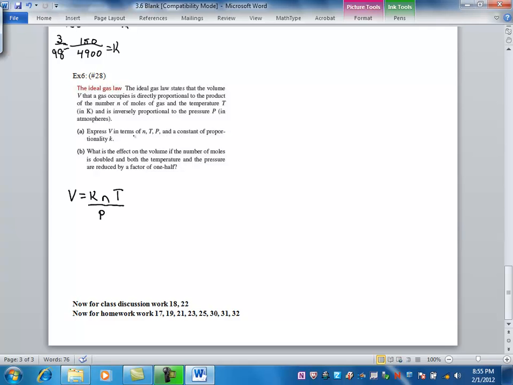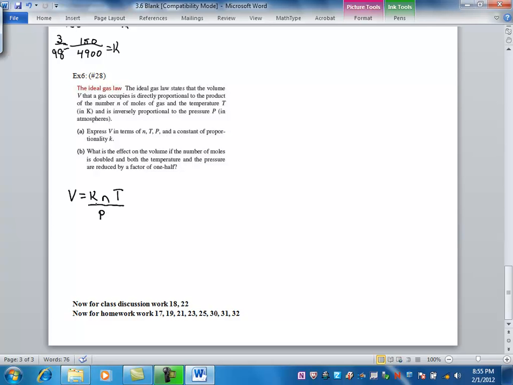A says express V in terms of N, T, P and a constant of proportionality. So one more time, let me just go over this. The ideal gas law states the volume V that a gas occupies is directly proportional, so there's my equal K, to the number of moles of gas and the temperature T, and inversely proportional to the pressure P.